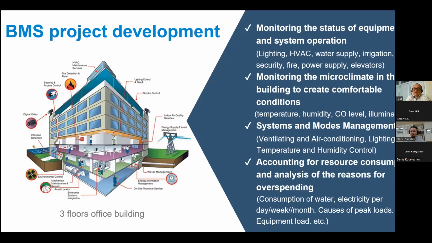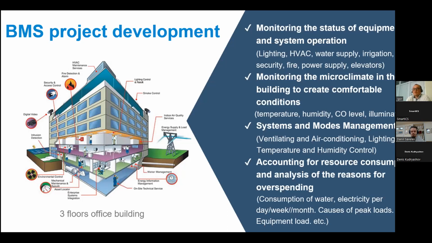So of course, for our case, we took a standard one, and for our demonstration, we were asked to monitor the status of equipment and of system operation, which is of course the lighting, the water supply, the heating, ventilation, and AC.